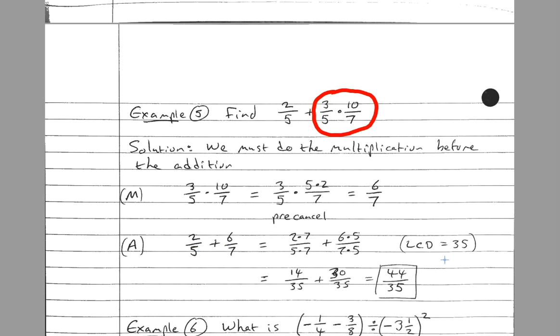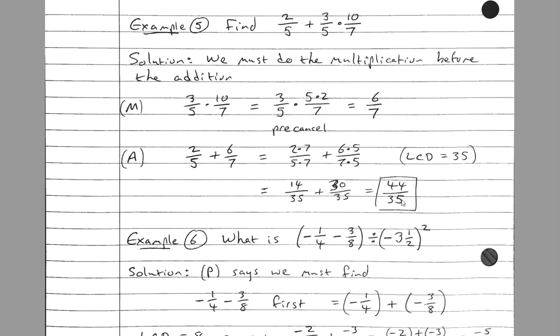LCD is 35, so that's 14 over 35 plus 30 over 35 is 44 over 35. And looking to simplify it, I don't see any common factors to cancel. So that's the answer. You could convert that to a mixed number, since it's improper, but you don't have to, unless they ask you, right? 44 over 35 is fine.